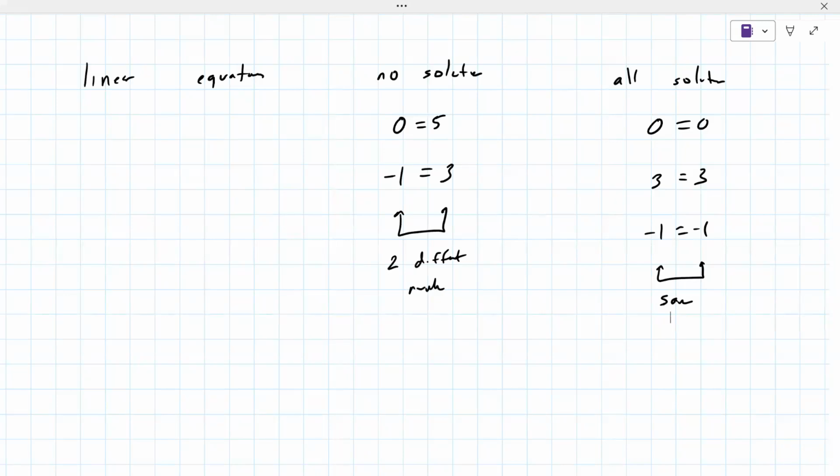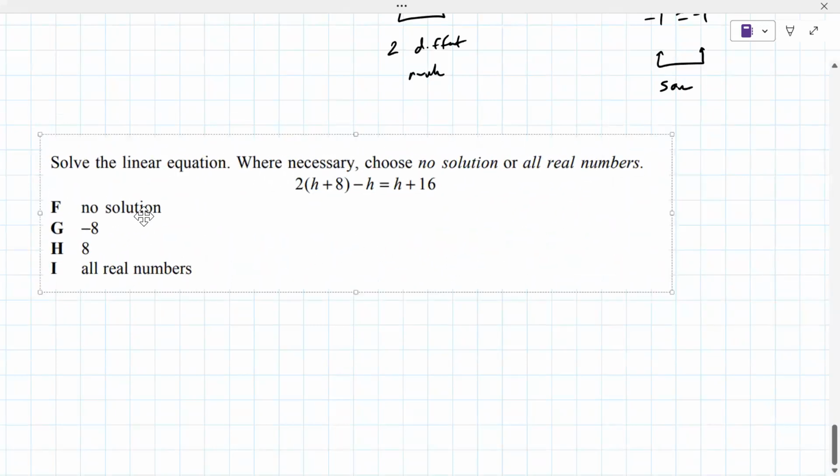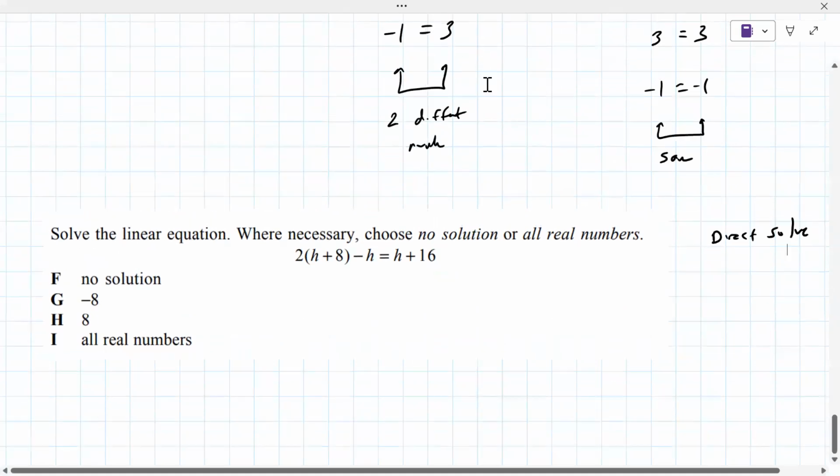And so there's a couple of strategies when you're solving this, like we've been talking about. These are very common. You'll get one of these on the SAT, ACT, where you'll see the answers have no solution, all real numbers in there already. When you see that, you really should direct solve, basically go back to your classroom techniques for solving this.